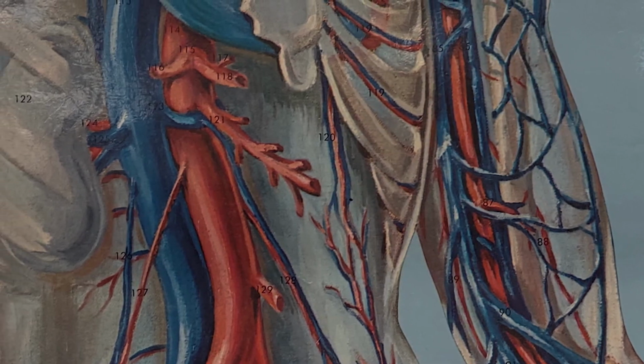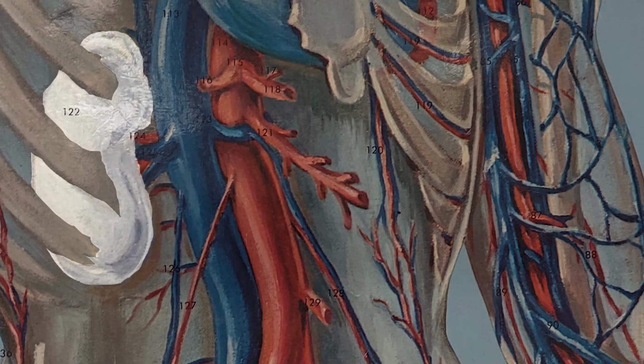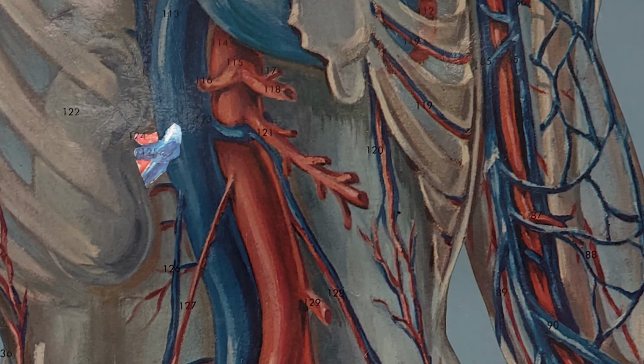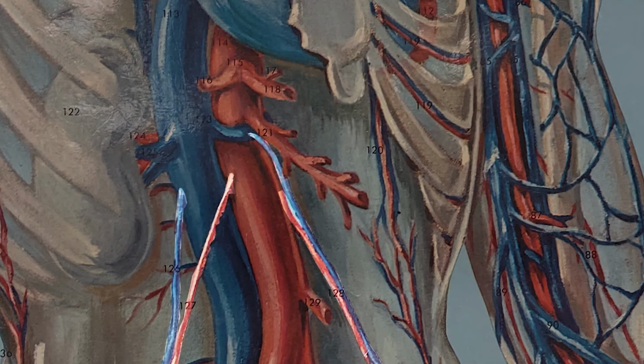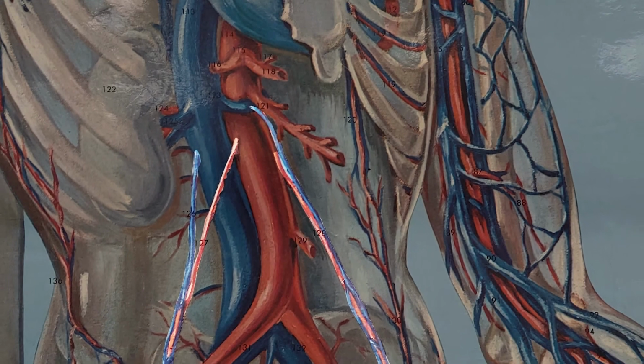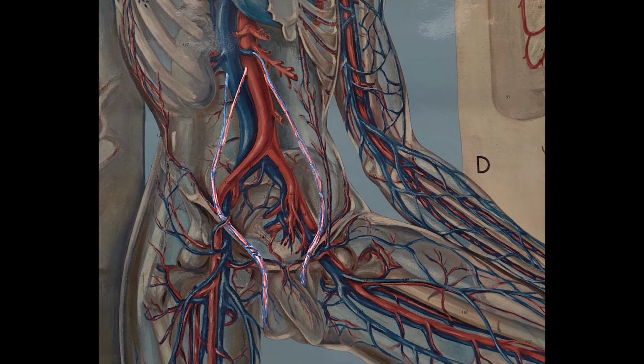On this image here, you see kind of a little ghost image of a kidney over here. So these two vessels here would be the right renal artery and vein. We don't have a good view of the left renal artery and vein on this image. And here we've got some pretty skinny arteries and veins heading down to the gonads.